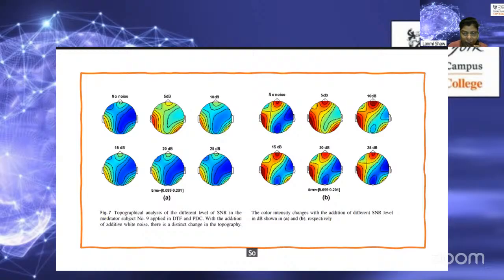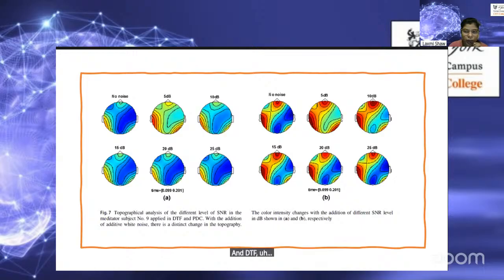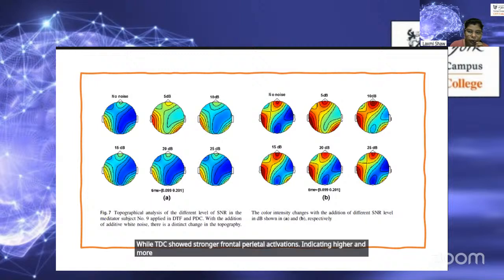Here in this slide, we generated topographical maps of connectivity at multiple time instances. DTF tended to highlight parietal occipital regions, while PDC showed stronger frontoparietal activations, indicating higher and more focused information during meditation.